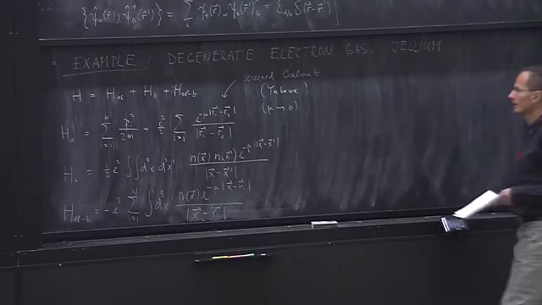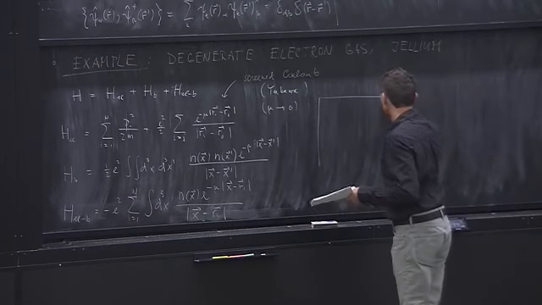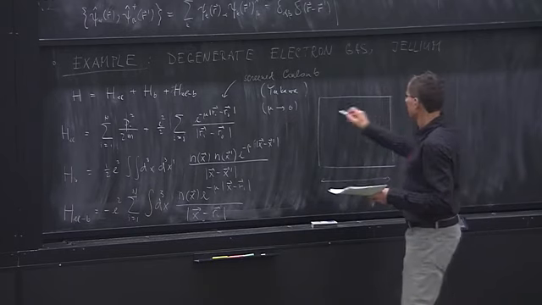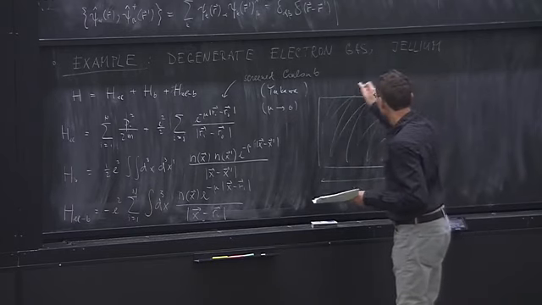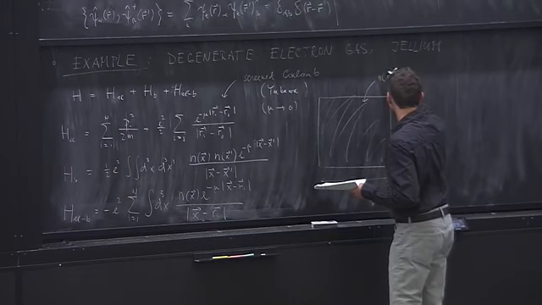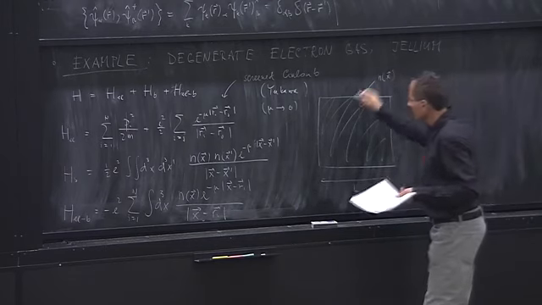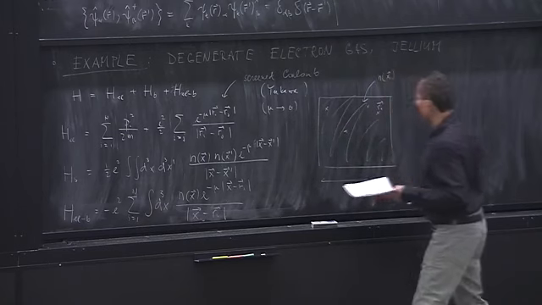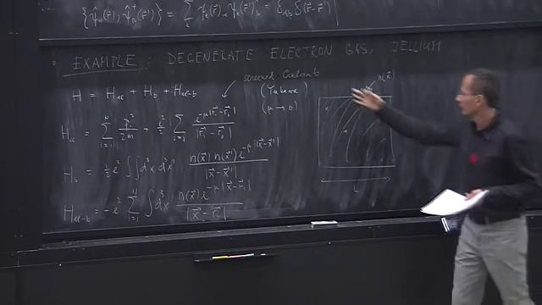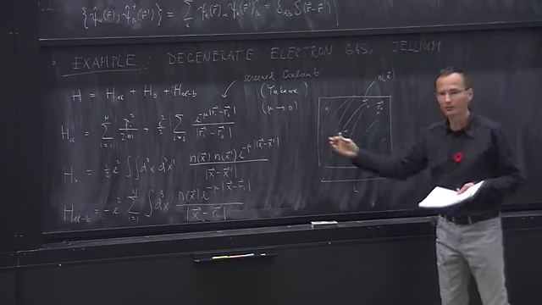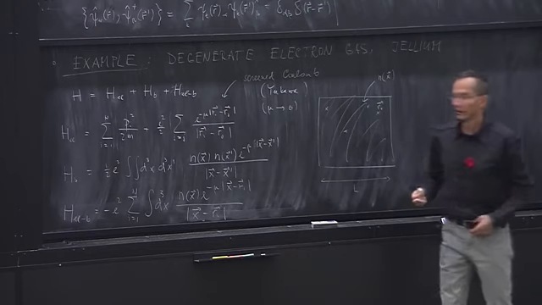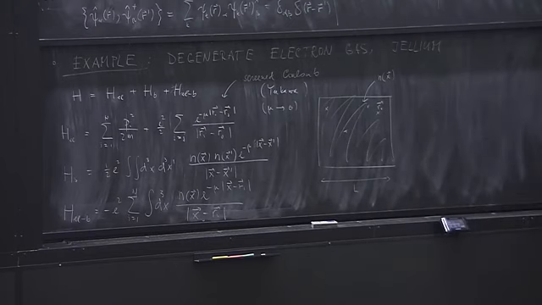So basically the way to picture this system, we have a cube of side L, and in it we have a background of positive charge with density n of x, and inside it we have individual electrons at positions R_i, and everything is such that the total positive charge of the background and total negative charge of electrons balances out, so that together we get a neutral system, such as a usual solid would be.